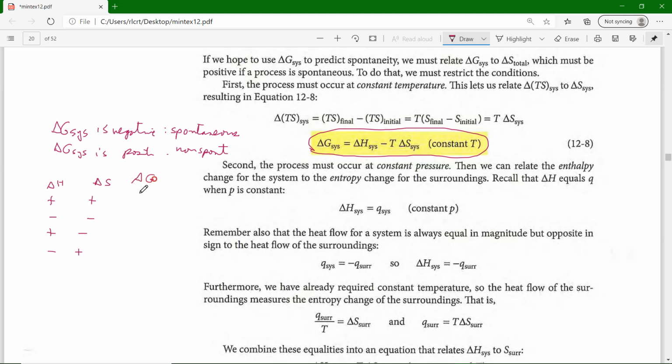We want to get the value for delta G. If delta H is positive and delta S is positive, so it's endothermic, absorbing energy, and further it is getting disordered, then this will be a spontaneous process only at high enough temperatures. So it's spontaneous only if the temperature is high. How high? Well, more than 0 degrees Celsius if you're talking about evaporation of water, right?